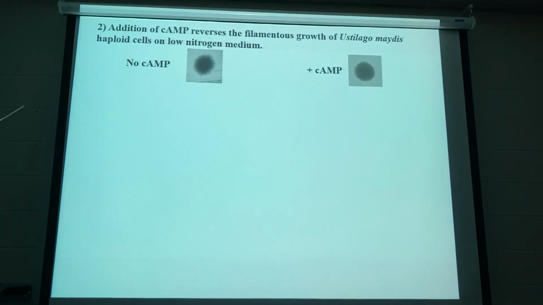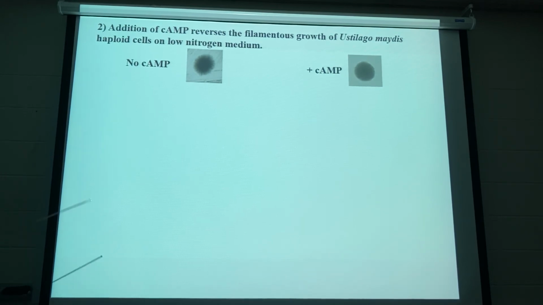Now, you get a similar set of conclusions from Ustilago, but you have to keep in mind that in Ustilago, when PKA is active, you get budding, and when it's inactive, you get filamentation.